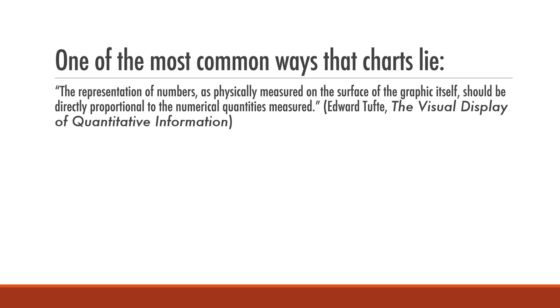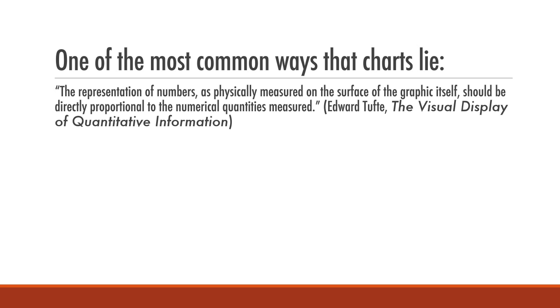One of the most important is, he says, the representation of numbers, as physically measured on the surface of the graphic itself, should be directly proportional to the numerical quantities measured. For example, if you make a bar graph, then those bars need to be proportional to the numbers they represent. And you'll see this is one of the most common mistakes that people make, one of the most common ways that people can mislead you with graphics.